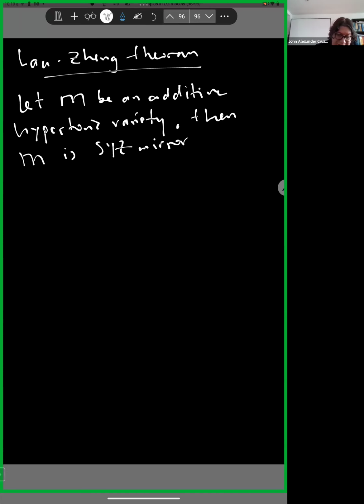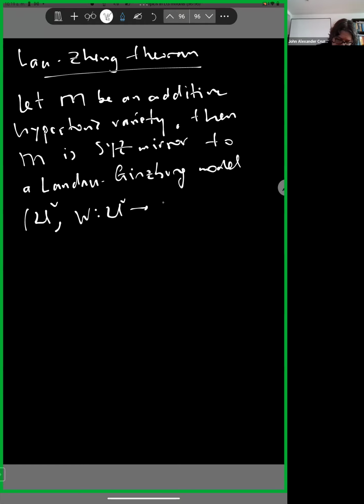So the mirror is a Landau-Ginzburg model, W check, whose underlying space, Y check, is a multiplicative hypertoric variety.